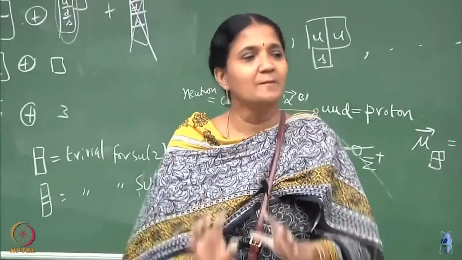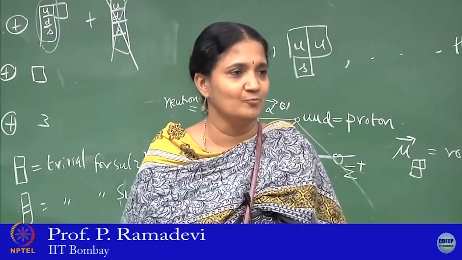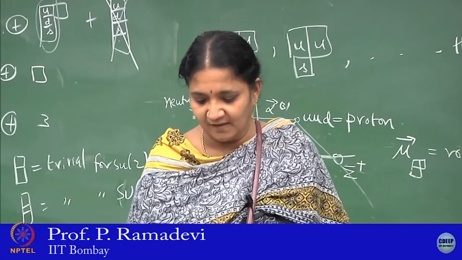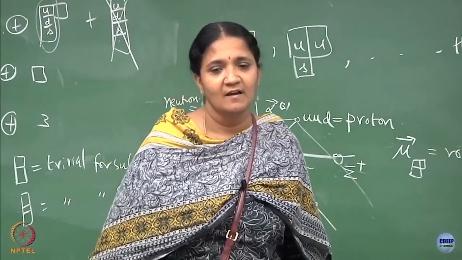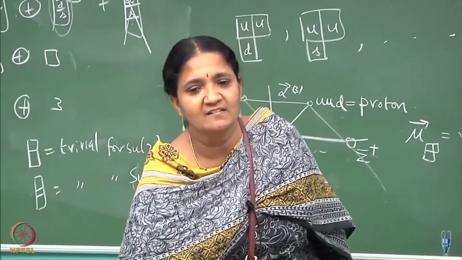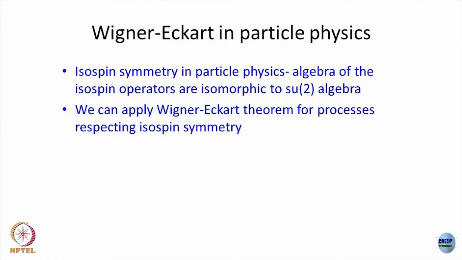The SU2 symmetry is what we call isospin symmetry in particle physics. Incidentally, you can use the isospins of a few particles and look at a process like this where the operator, which is the S matrix, is like spin 0. So you need to see whether the isospin initial state and the final state are allowed.